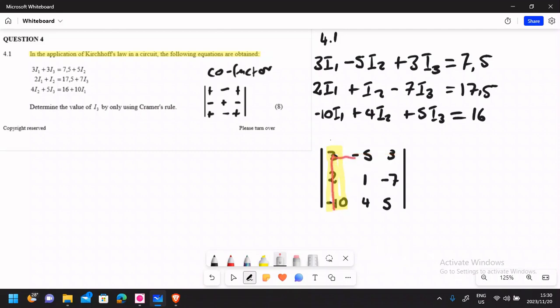These parts here we cancel, so you're going to be left with 1, negative 7, 4, and 5. Let me try to find it, but yeah, that's what you're going to be left with.